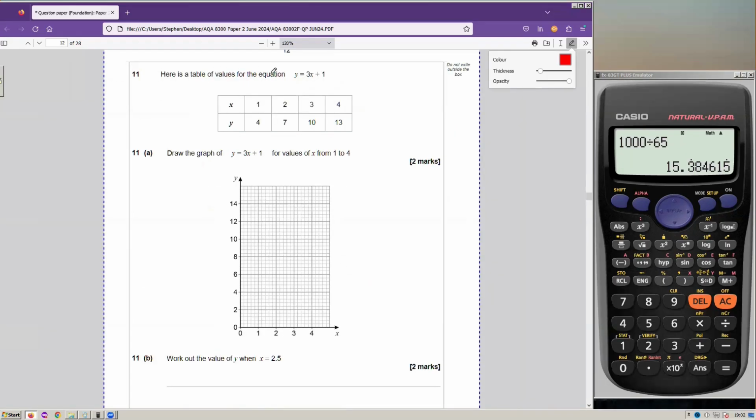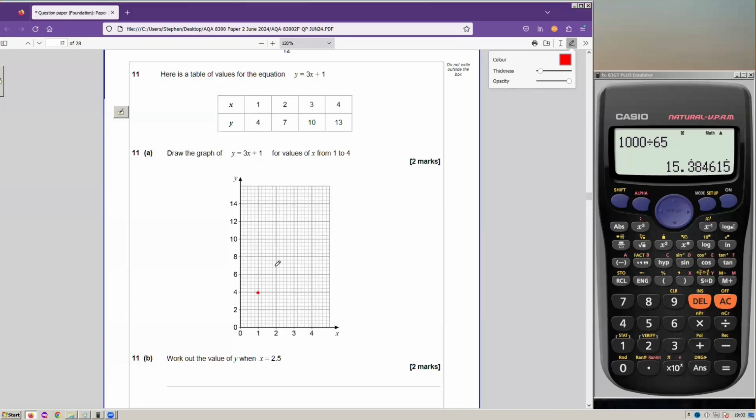Here's a table of values for the equation y equals 3x plus 1. Draw the graph of y equals 3x plus 1 for values of x from 1 to 4. So there we go, from 1 to 4. Okay, and we just have to plot them. So we go, I like to always be very methodical. Right, x, 1, up 4. There we go. Now, next one is along 2, up 7.